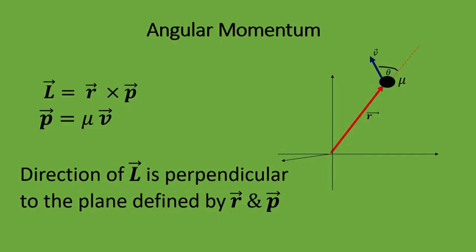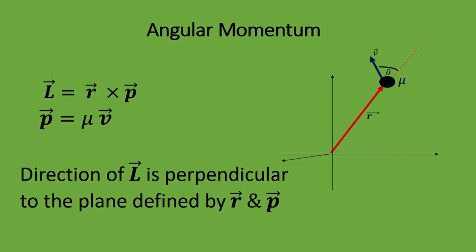Now let's imagine we have a mass of mu, that's the reduced mass, located at position vector r, and it carries a velocity v, and there is an angle between the direction of r and v, we call it theta. So now what is angular momentum?